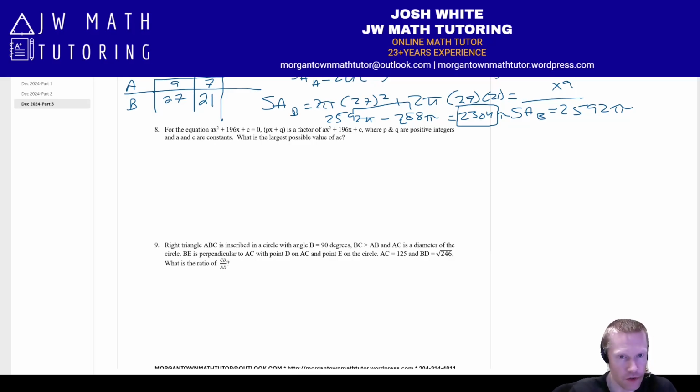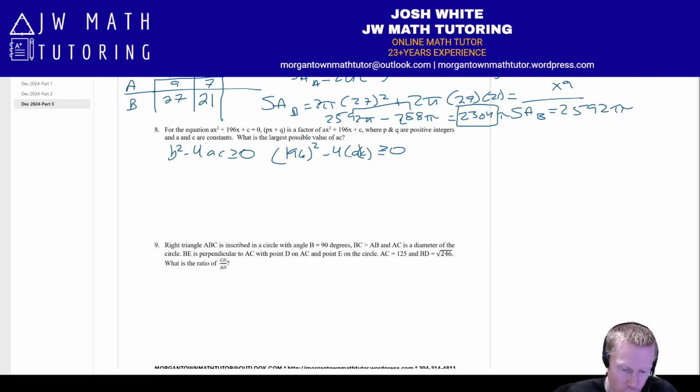So the traditional way to do this, the by hand way to do this, is to take your discriminant, your b squared minus 4ac, set that greater than or equal to 0, and then plug in 196 for b. A and c, just put a and c in, and go ahead and solve this inequality.